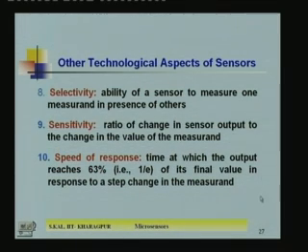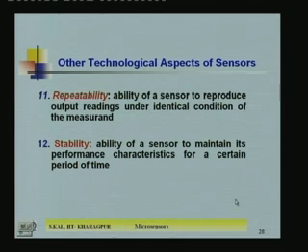Okay. Now, repeatability and stability are other parameters which you have to take into account when you are selecting or designing a particular sensor. Repeatability means ability of a sensor to reproduce output readings under identical conditions of the measurement, that is repeatability.